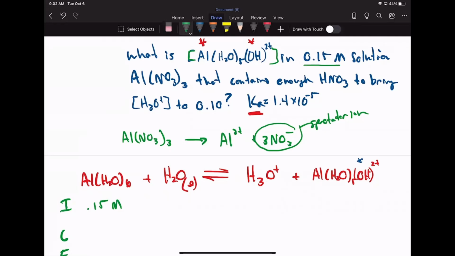So when it says the 0.15 molar solution of this, this is Al3+ right here. Actually, I should put a 3 plus here. I'm sorry. So this is my Al3+. It's just been hydrated. So if I draw this, this is what it looks like. Al3+ plus I'm going to have 6 water molecules.